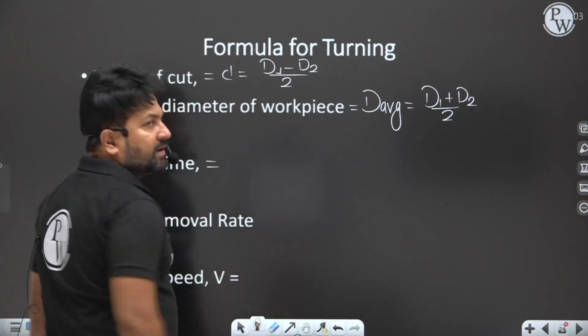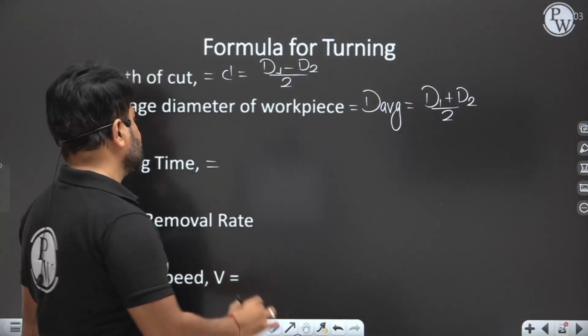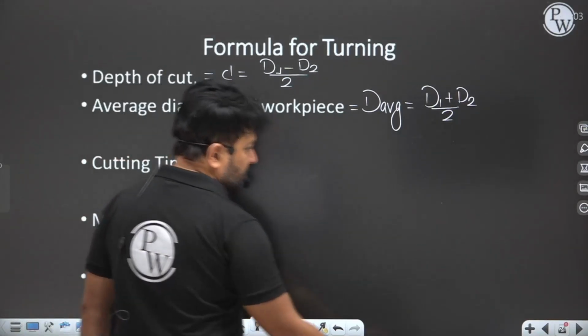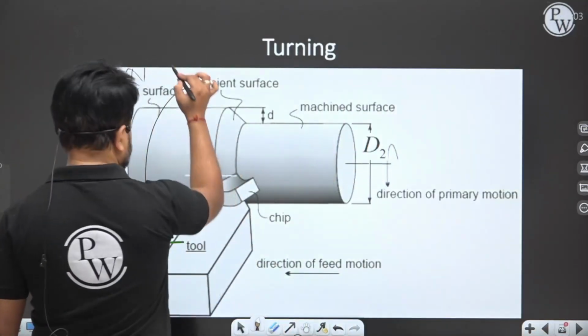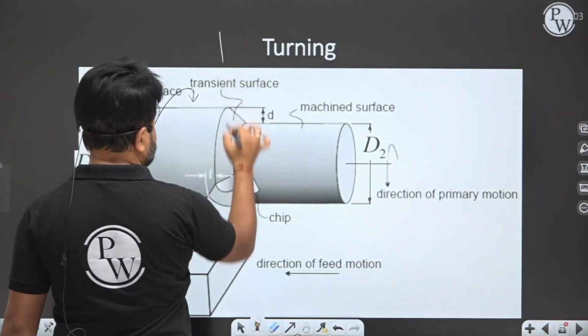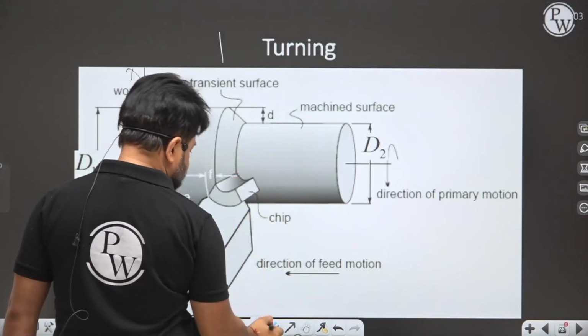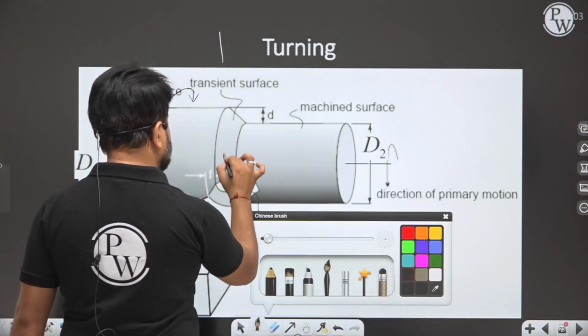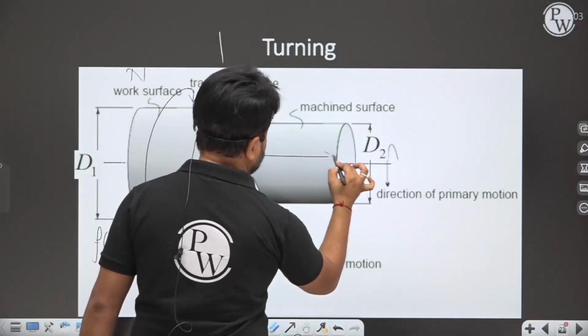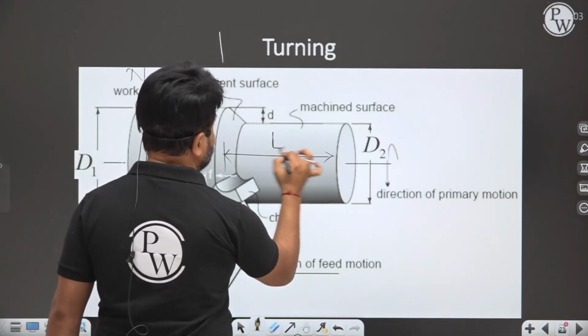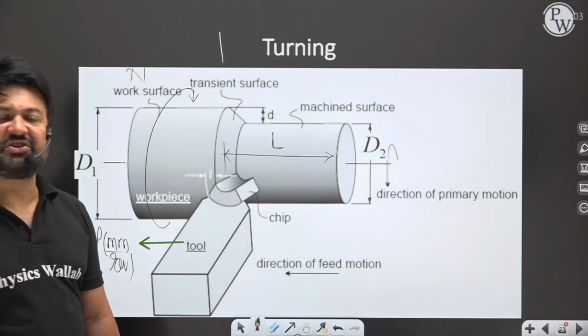Cutting time. My dear, what do you mean by the cutting time? The machining time, L. Here you can see the tool moves from here to here. This is, let's say, the machining time.